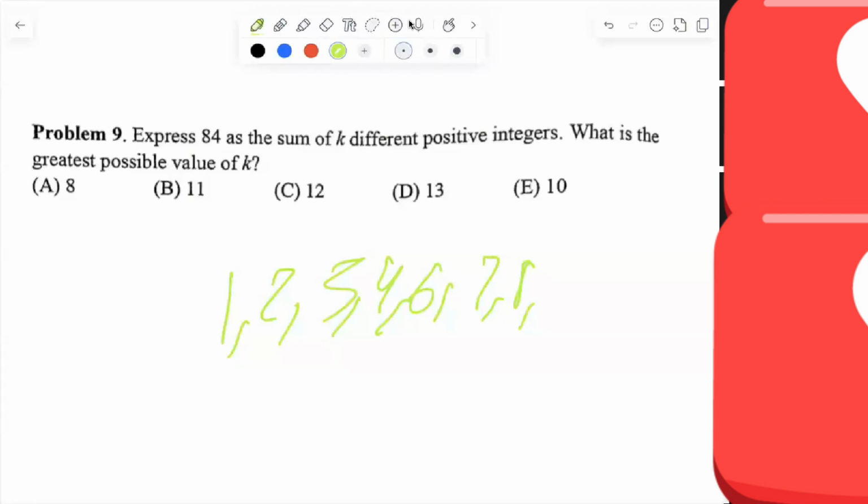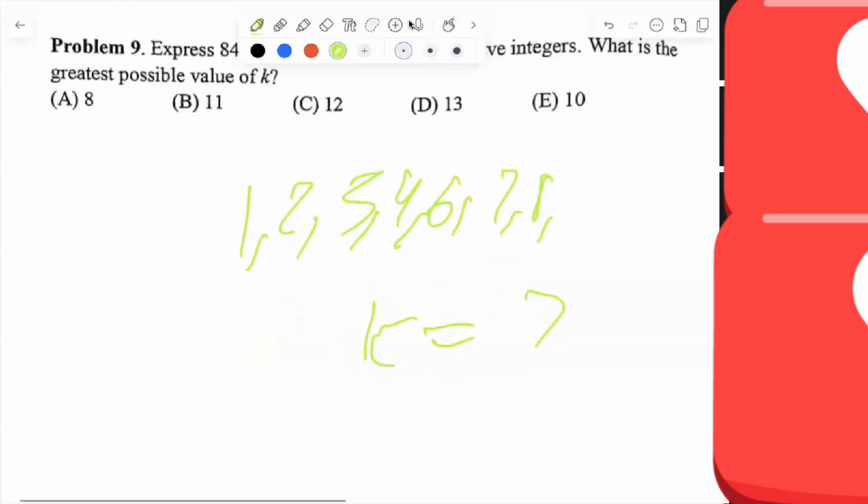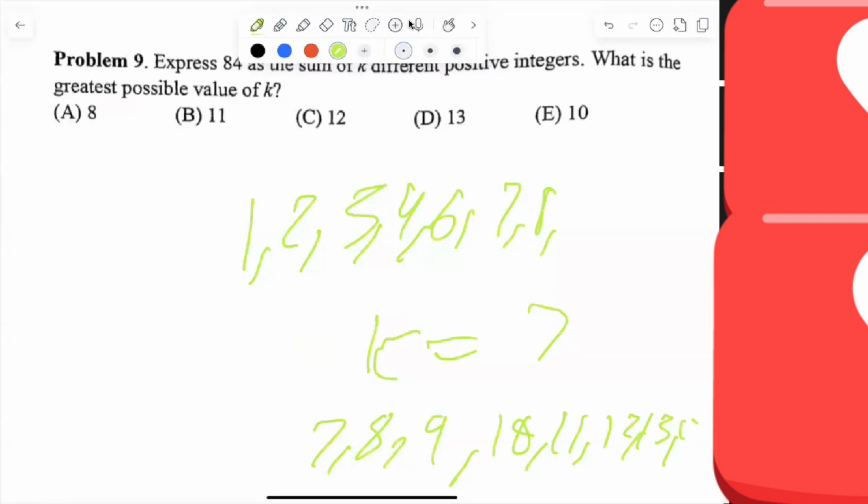Alright, so basically what we have to do is set the factors, and then notice that we can let k equal 7. We just find out that k equals 7 works. From there, we get 7, 8, 9, 10, 11, 12, 13, and 14.